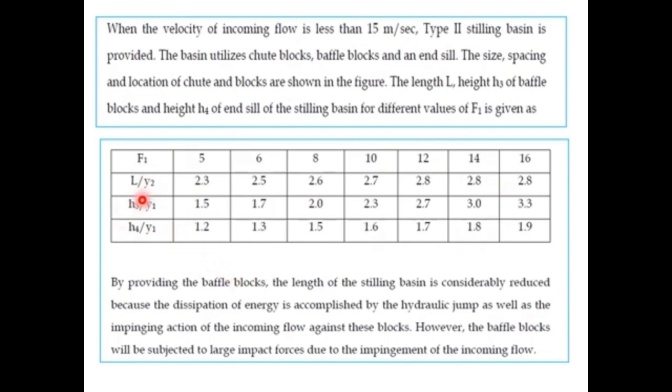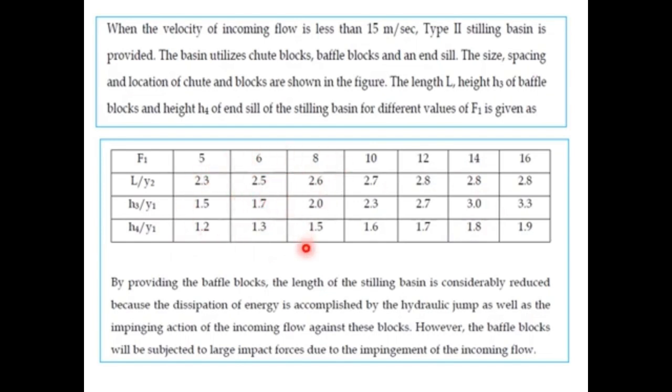It all depends upon the final depth of the jump. For example, if the Froude number is 6, then the length will be 2.5 times the final depth. Similarly, h3 is 1.7 times the initial depth. Like this, we can get the height of the baffle blocks as well as the height of the end sills from this table.